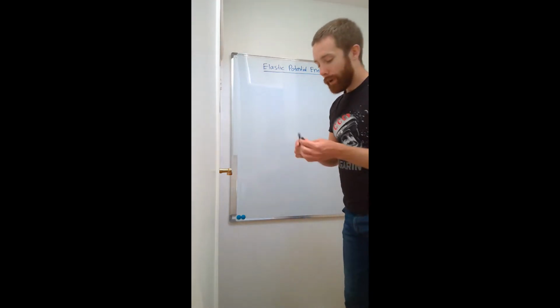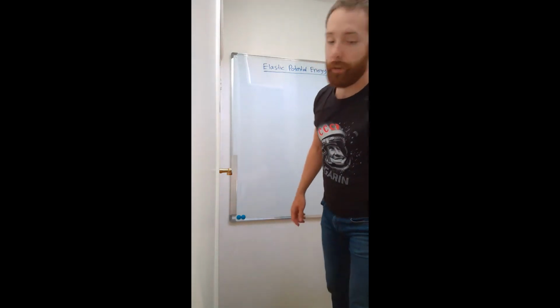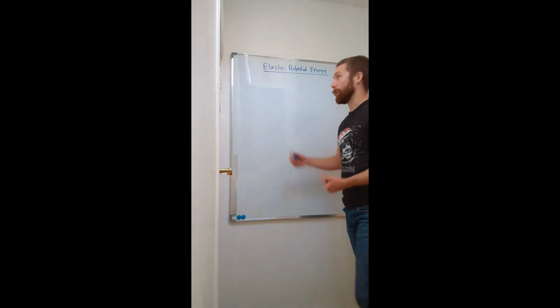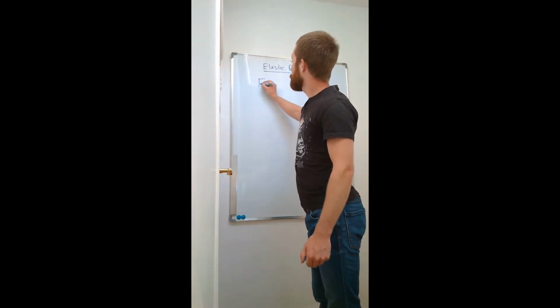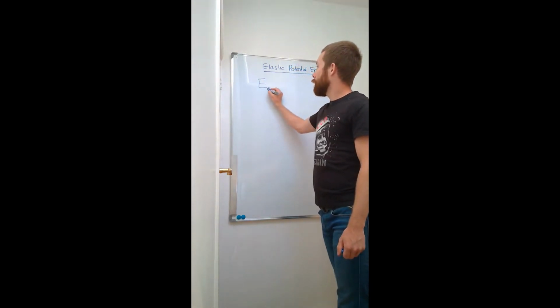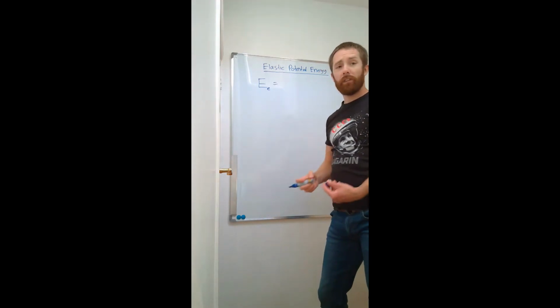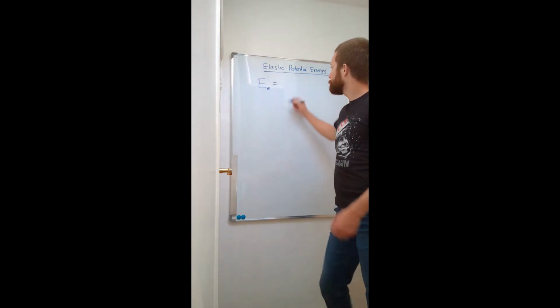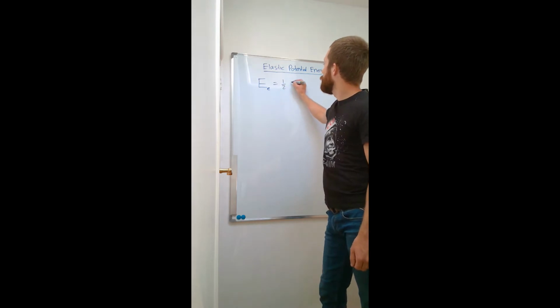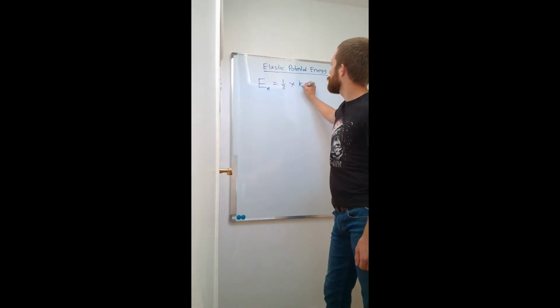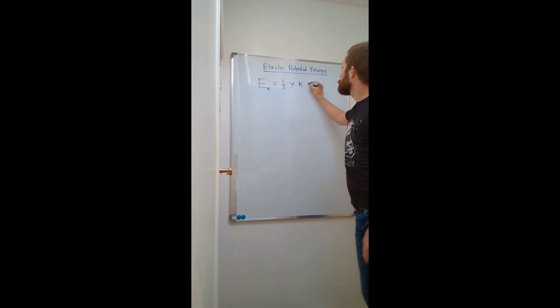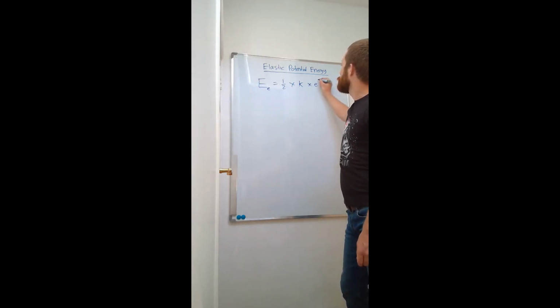Now, the way we calculate elastic potential energy is using the following equation. So elastic potential energy, the energy of the elastic type, is given by, and it's very similar to the kinetic energy equation, half times by something called the spring constant times by the extension squared.